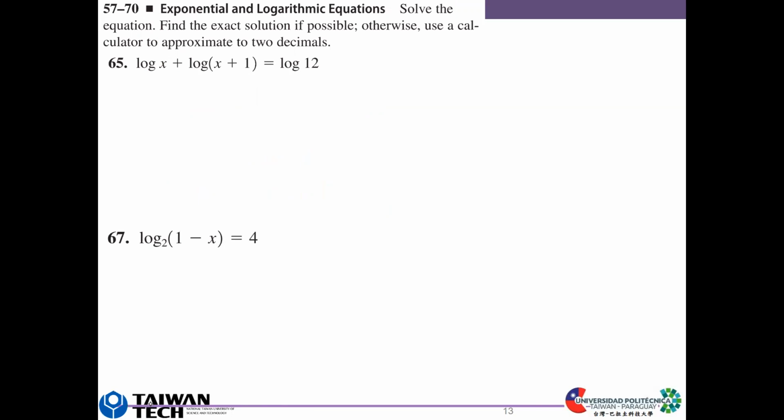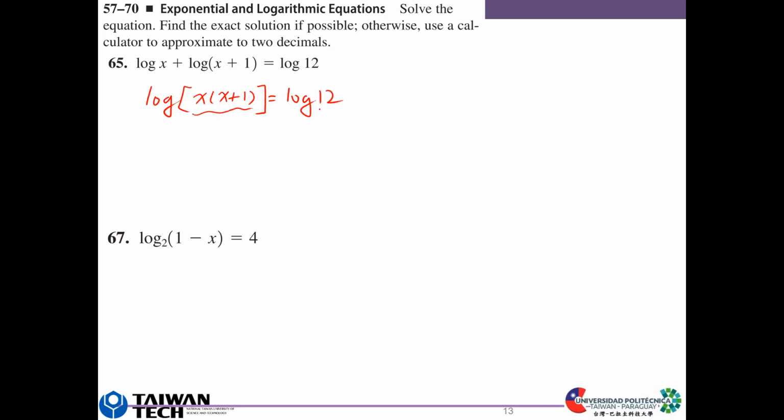So in this case, this is the summation of the 2 logs. If it's a summation of the 2 logs, it becomes a multiplication within the log function. So it is log x times x plus 1 equals log 12.